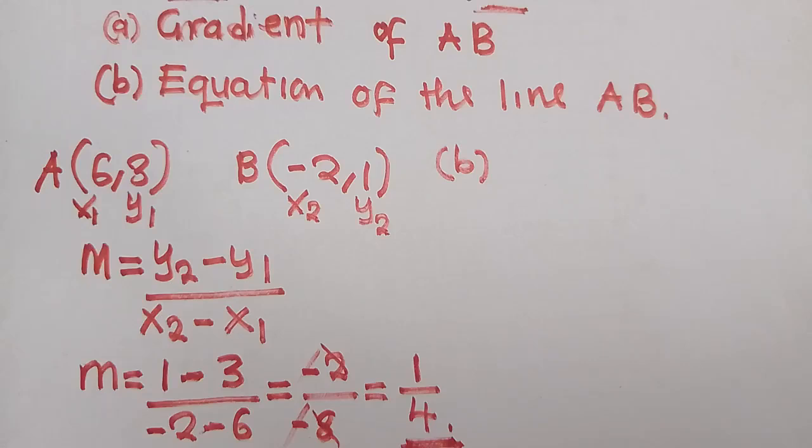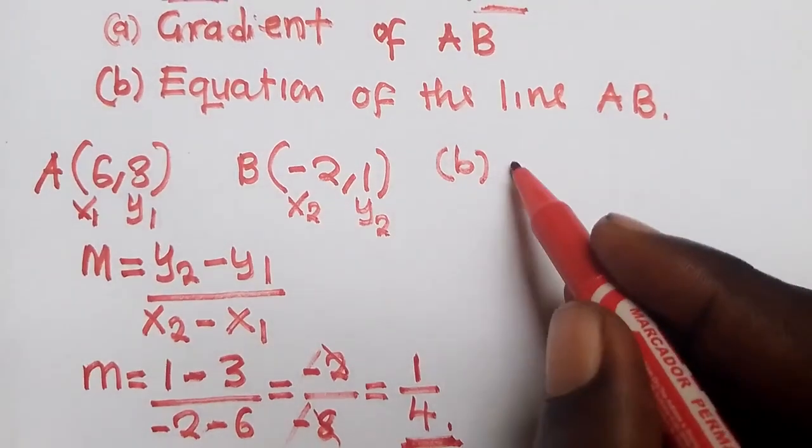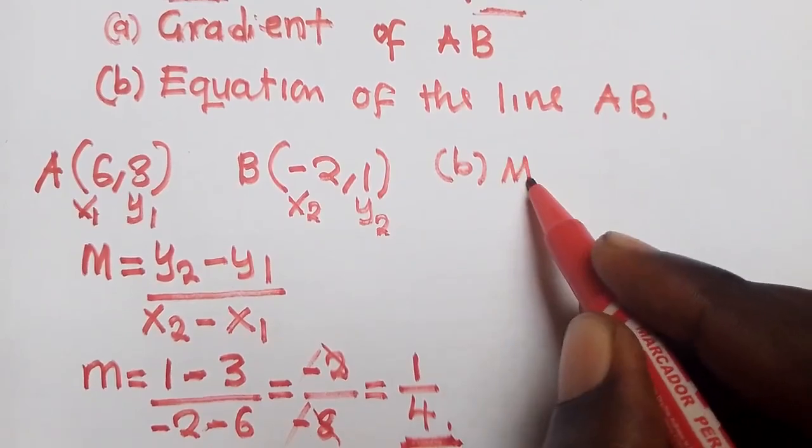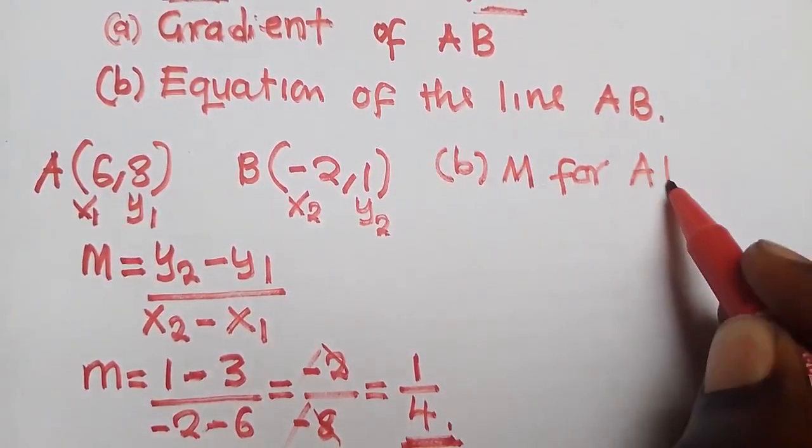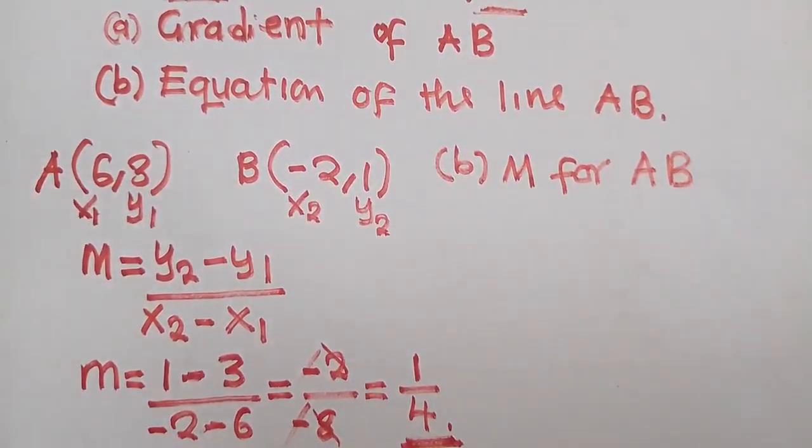So I want you to get this. To find the equation of the line AB, you need to ask yourself, do you have the gradient, which is m? Do you have the gradient for AB? This is the first thing that should come to your mind. m is the gradient.